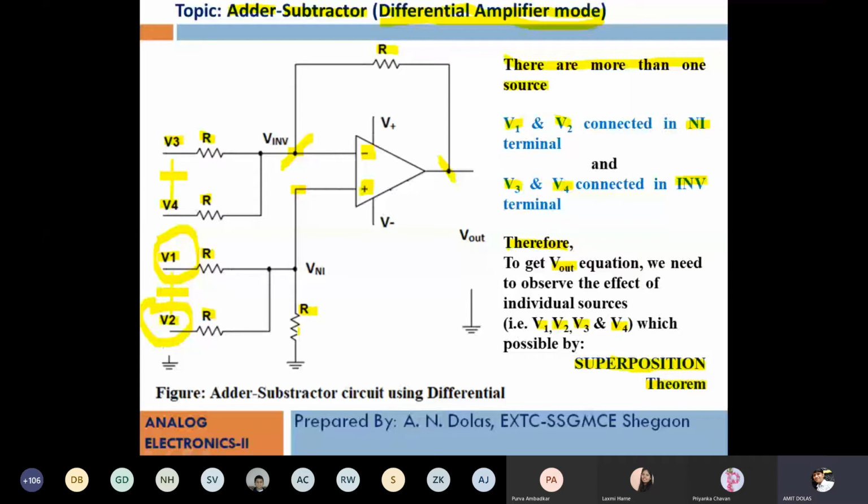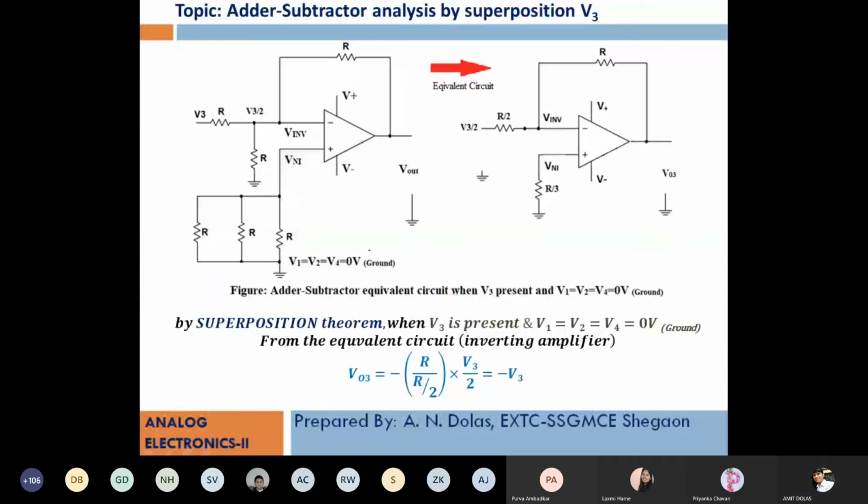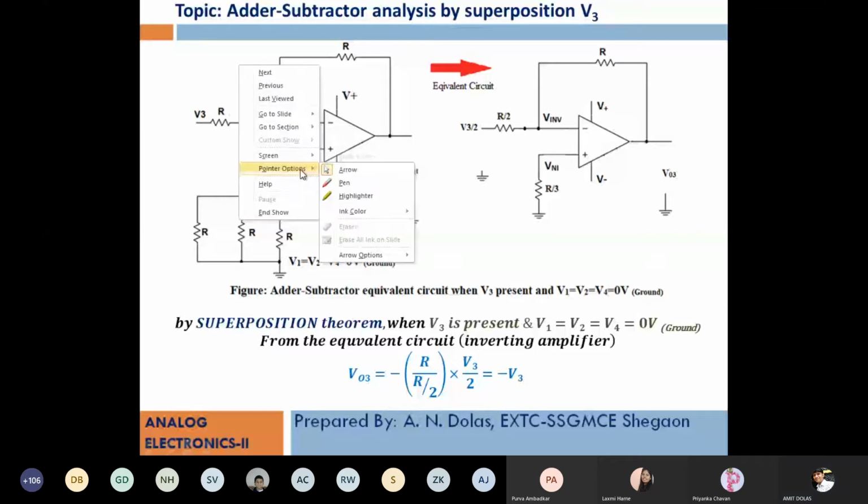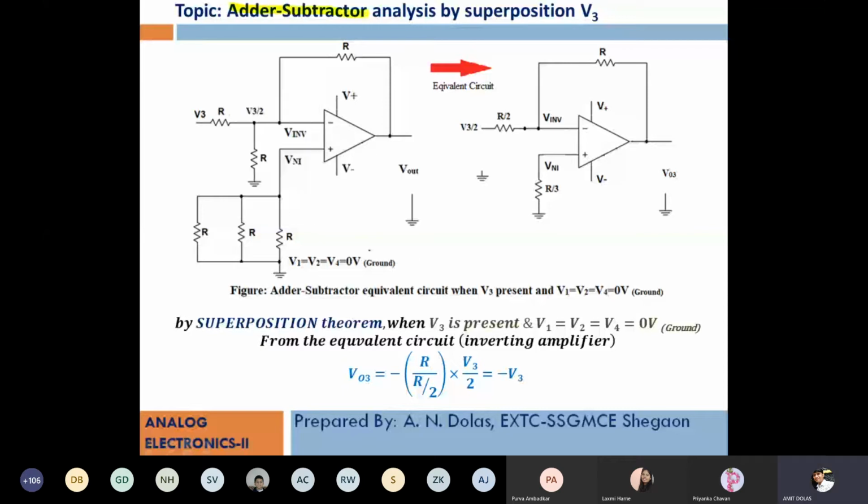So what I did here, I am using the adder and subtractor by superposition theorem, and I kept V3 active. I kept V3 present, so whatever output I will be getting will be the effect of V3. That's why I'm calling it V03.